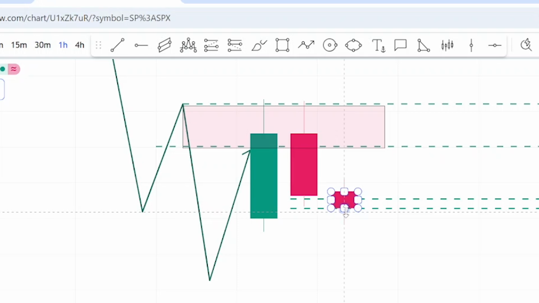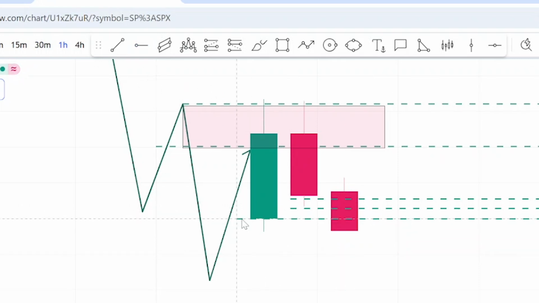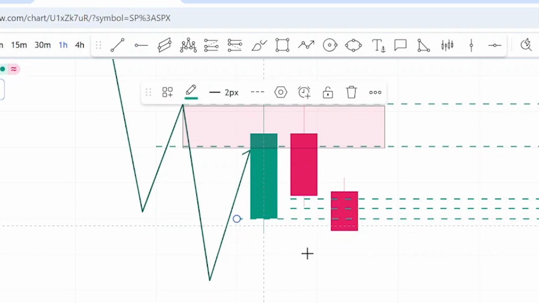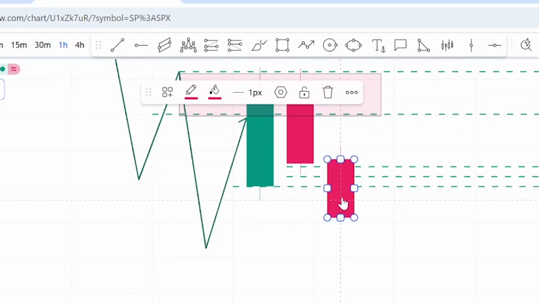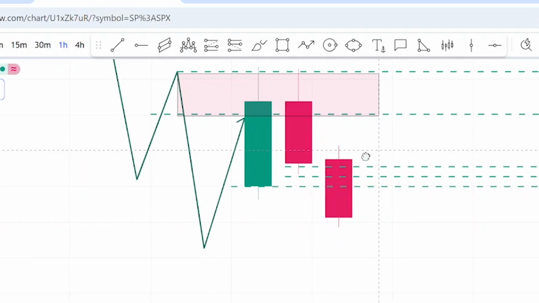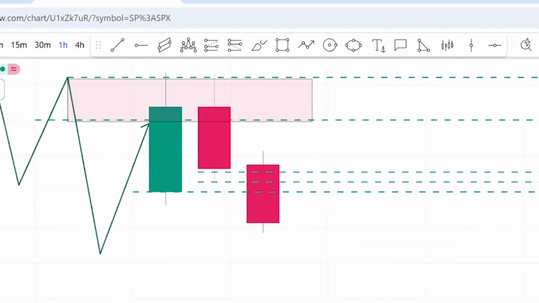Then I'm expecting the market to continue, even breaking the previous support of the bullish candle, so that we expect the market to continue with the bearish candlestick. That is an opportunity you need to wait for.